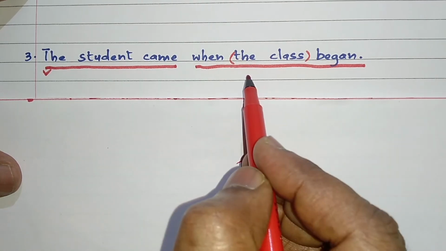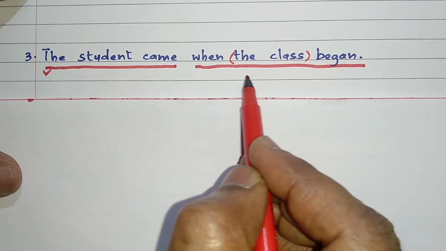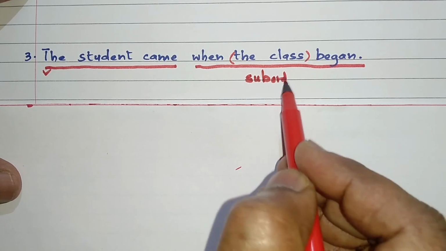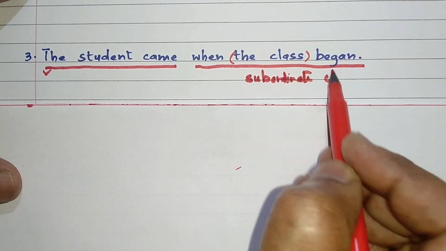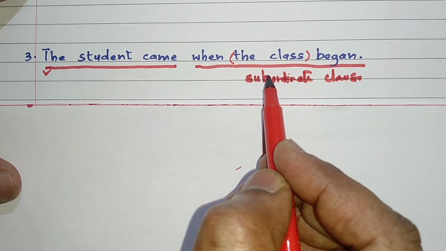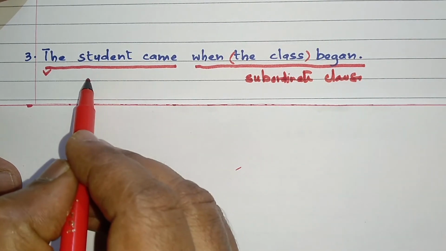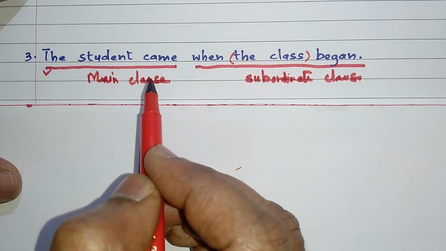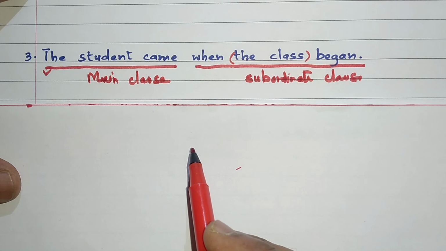And therefore, this clause is called the subordinate clause. Why subordinate? Because it is depending on the other clause to make complete sense. So the clause which makes sense on its own is called the main clause.